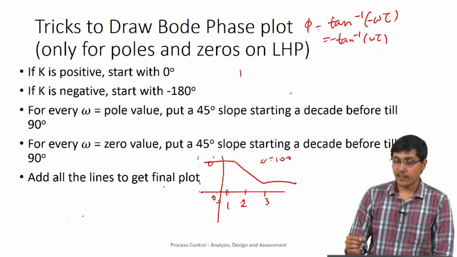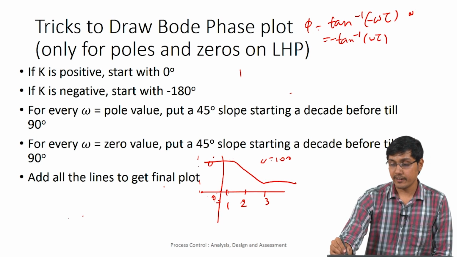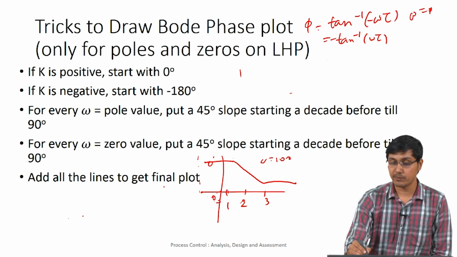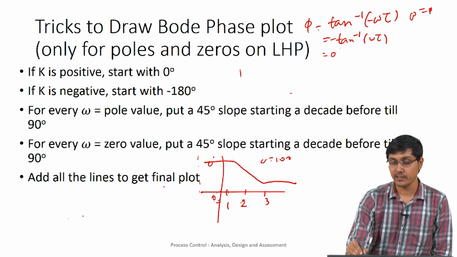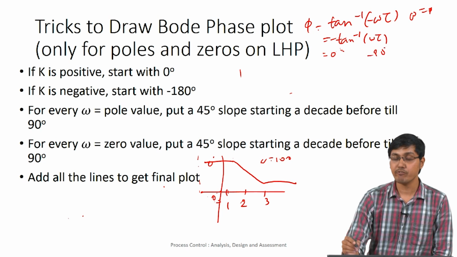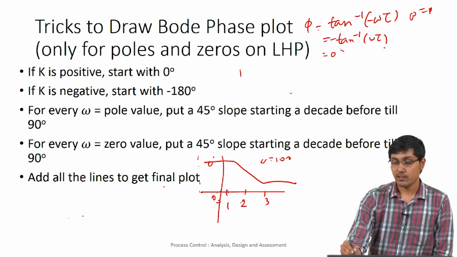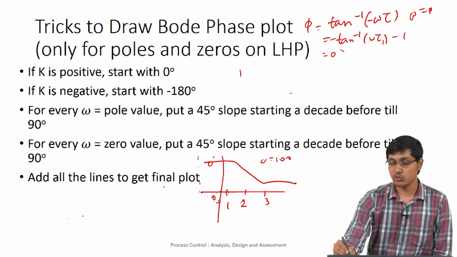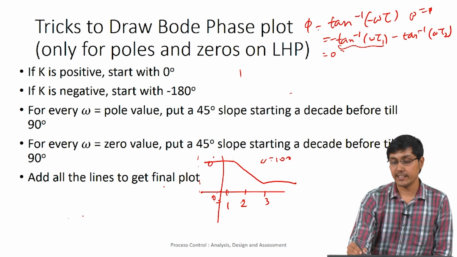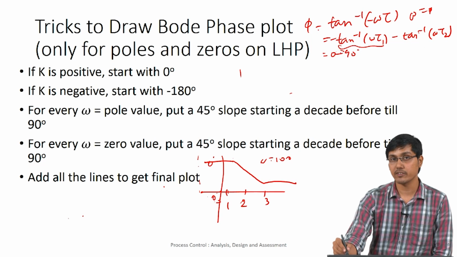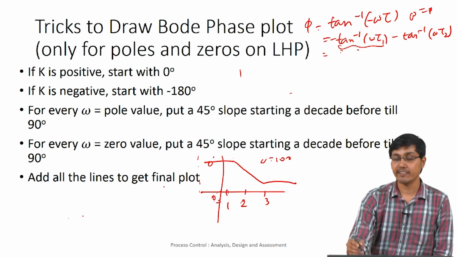At omega equal to a very small number, omega equal to 0, this becomes 0 degrees and does not contribute anything, and when omega becomes very high, it becomes minus 90 degrees. So every pole will contribute minus 90 degrees. If you have 2 poles, say tau 1 and tau 2, the first pole contributes minus 90 degrees, and the second pole also contributes, for a total phase shift of minus 180 degrees when omega is very large.